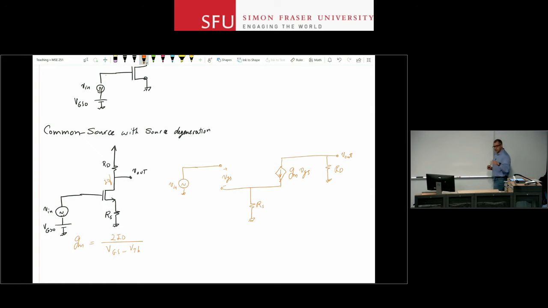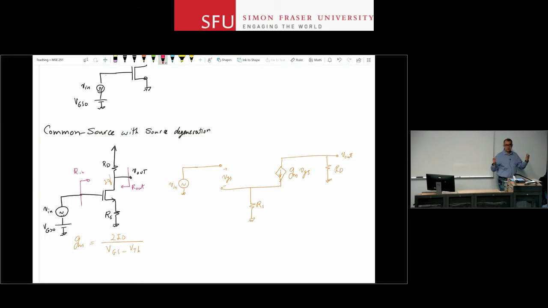So I've calculated GM, and now I can build the small signal equivalent circuit to the right. I want to solve this, so I want to figure out input resistance here, output resistance here, and of course the voltage gain, the ratio of V out to V in.